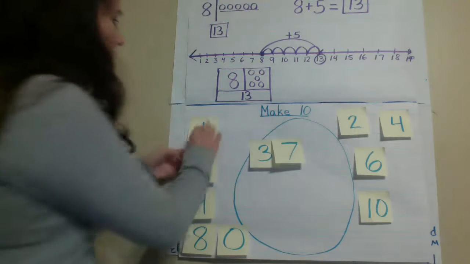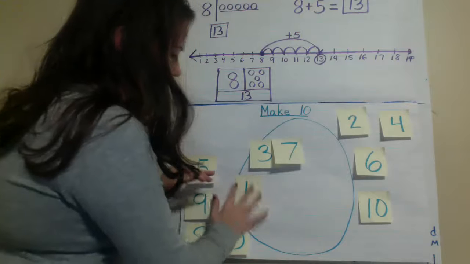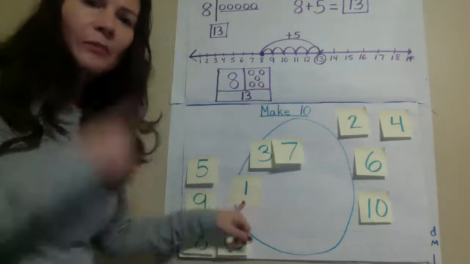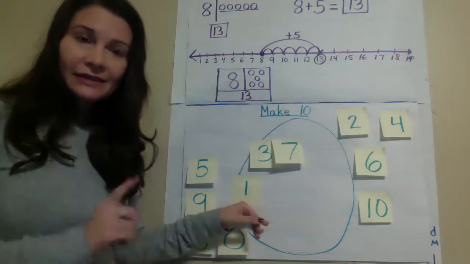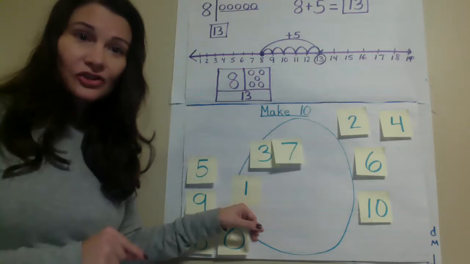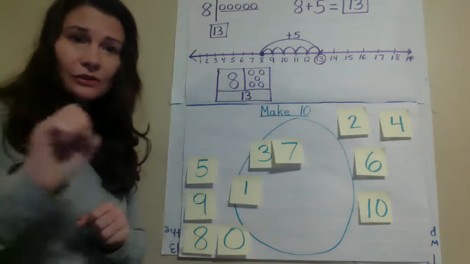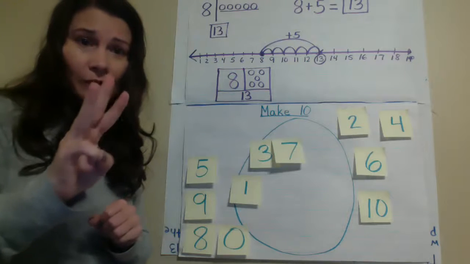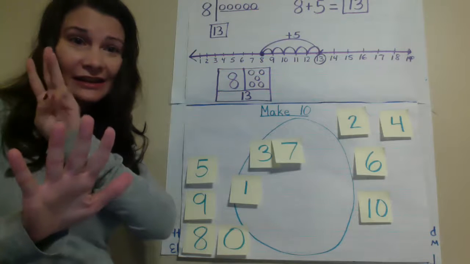What if I started with the number 1? If I'm at 1, how many more do I need to get to 10? Let's try it. 1, 2, 3, 4, 5, 6, 7, 8, 9, 10.